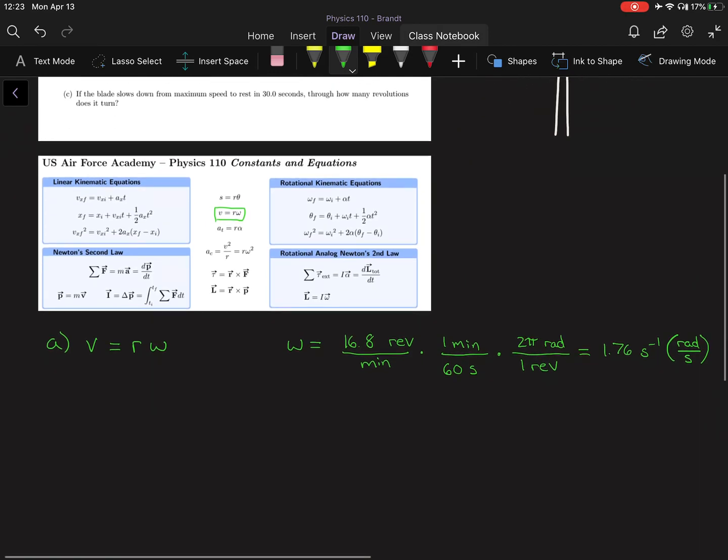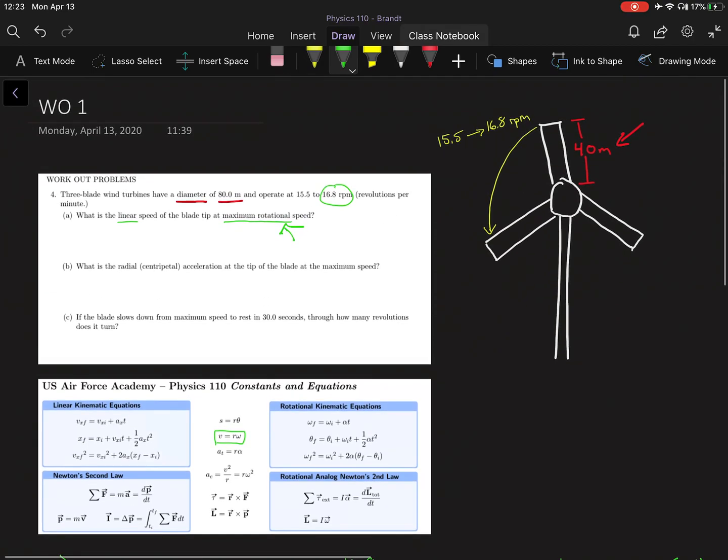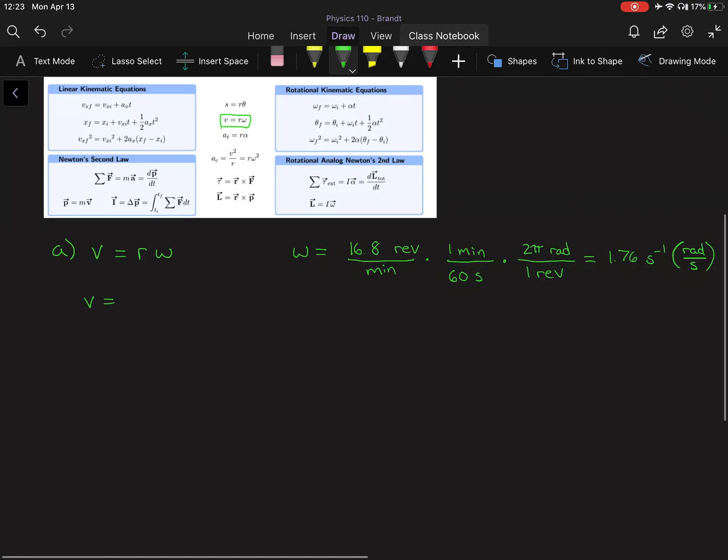So now that we have omega, we can find V. So V is going to be equal to R, and our radius up here, we've already said that once, is 40 meters. So we have 40 meters times our omega, which is 1.76 per second.